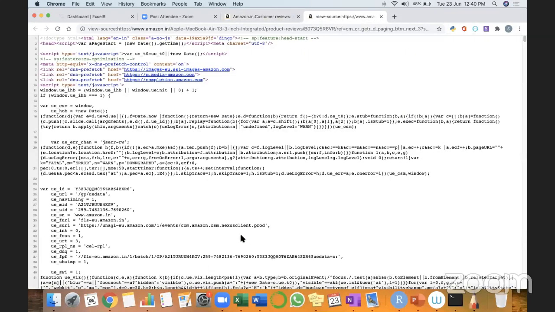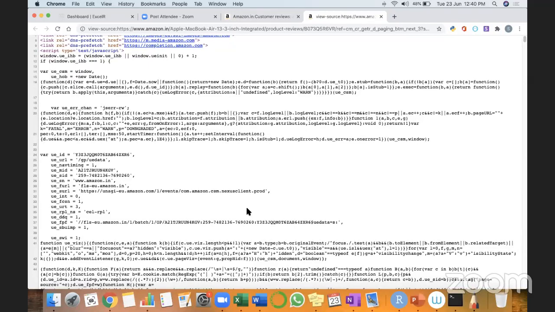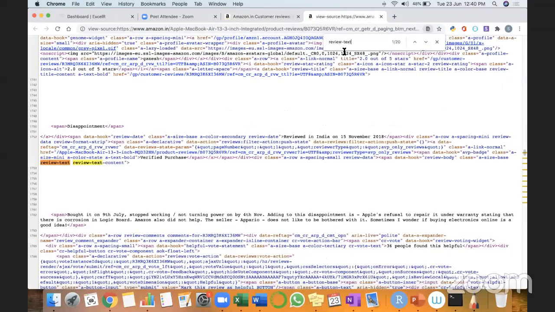So this is the HTML page structure. Review hyphen text. The review given by the users is available only after this keyword. So everywhere, just check for this keyword, and then whatever text is available, just pull that. That is what we have mentioned in the code.